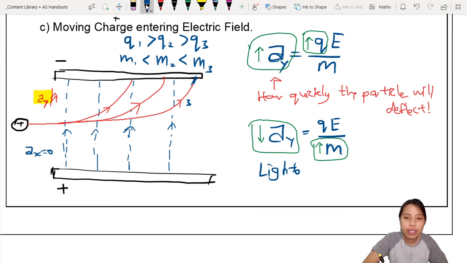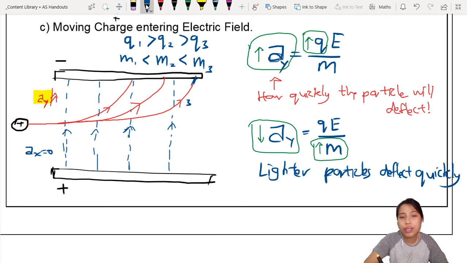So, lighter particles deflect quicker. Very quickly, they turn left and then accelerate because their vertical acceleration is quite high. And then, of course, the conclusion from the other one is larger charge magnitude will deflect quicker.